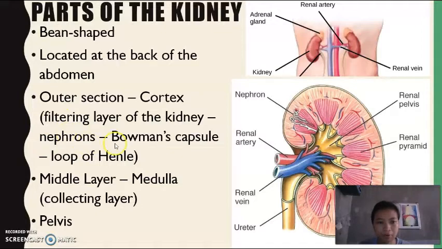Each nephron has a cup-like structure known as the Bowman's capsule. This Bowman's capsule is connected to a tubule known as the loop of Henle.